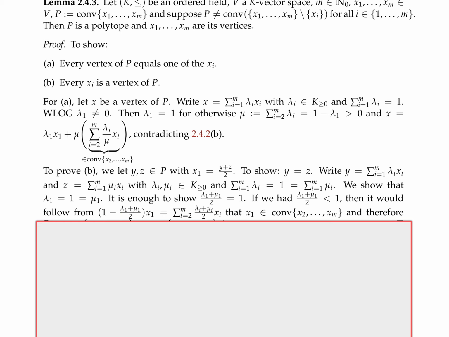But now if (lambda 1 plus mu 1) over 2 is less than 1, then I could divide by this, right?